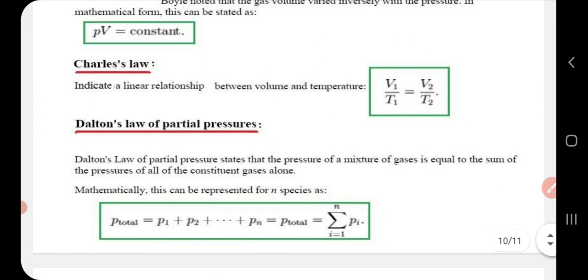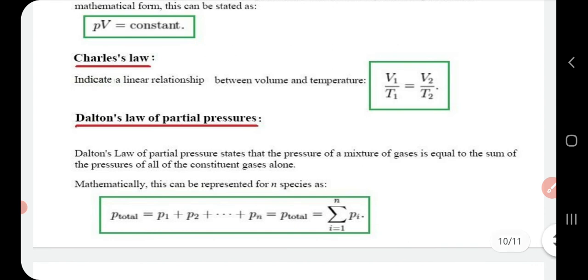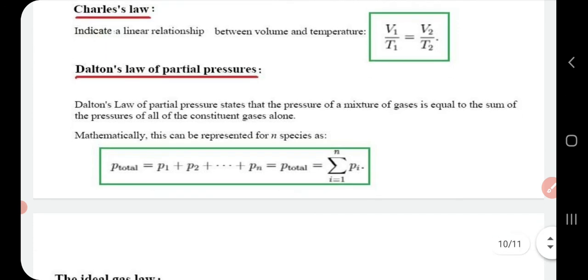Dalton's law of partial pressure states that the pressure of a mixture of gases is equal to the sum of pressures of all of the constituent gases alone. That is P total equals P1 plus P2 plus Pn, so summation over i equal to 1 to n of Pi.